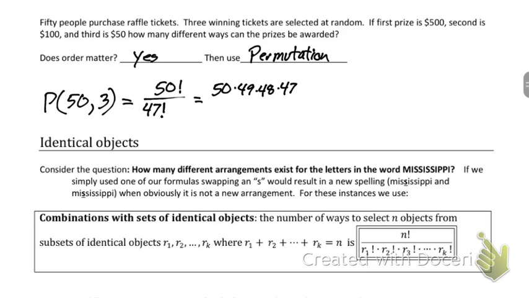So we're just over 47 factorial, so we'll just end here, and we'll be over 47 factorial. We can go ahead and cross our 47 factorials out, which will give me 50 times 49 times 48, which maybe you can do that in your head. Maybe you could write that off, but it's probably just easier to come up with the answer, which is going to equal 117,600.